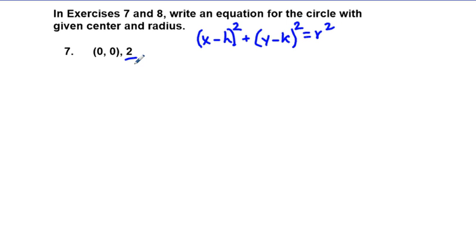And here we are given a center and a radius. Since h is 0, we have x squared. And since k is 0, we have y squared equals r squared. Since r is 2, r squared is 4. This is our equation.